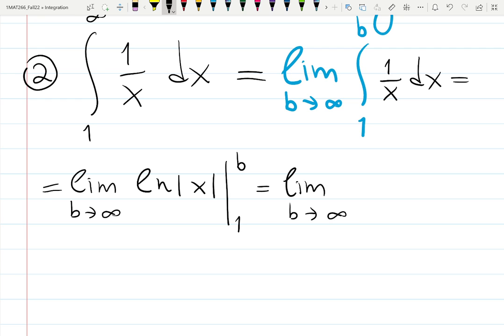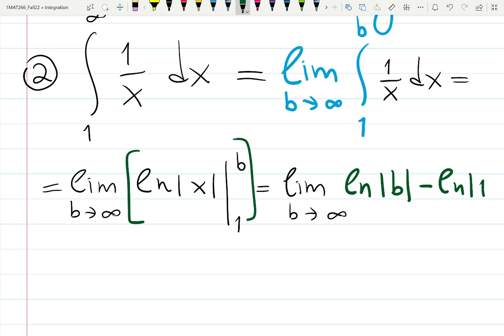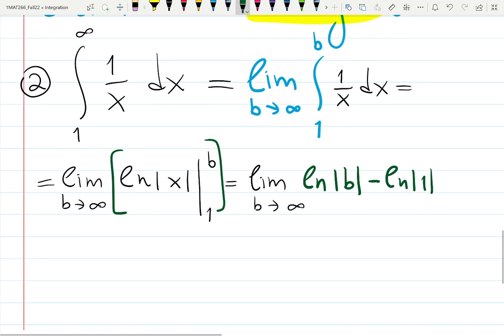We're still integrating first. Some people put brackets or parentheses, but you don't have to. You will have ln of the absolute value of b minus ln of 1. As you can see, the absolute value is not necessary for both cases. The absolute value of 1 is 1, and b is not negative because it goes from 1 to infinity.